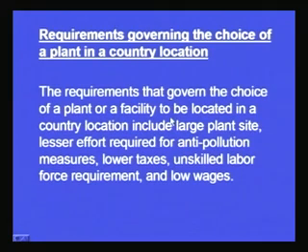So let us once again go through what the requirements are. That is, large plant site. Whenever the plant site is very large, the area required is large, we may prefer country location. Lesser effort required for anti-pollution measures. So wherever we feel that we will not be able to meet the stringent guidelines of a city, we may opt for a country location.